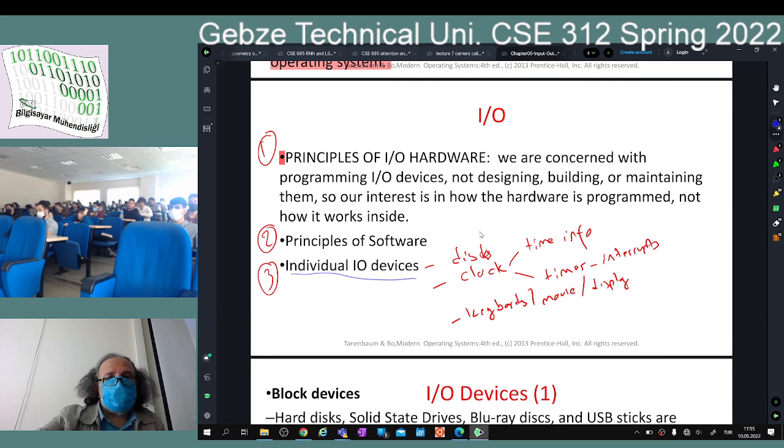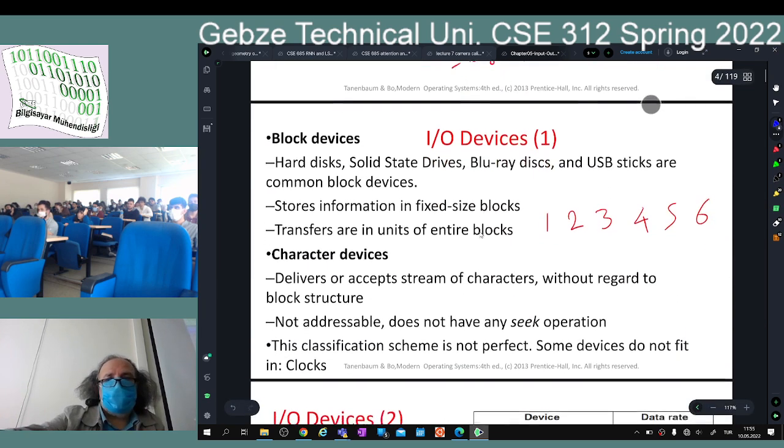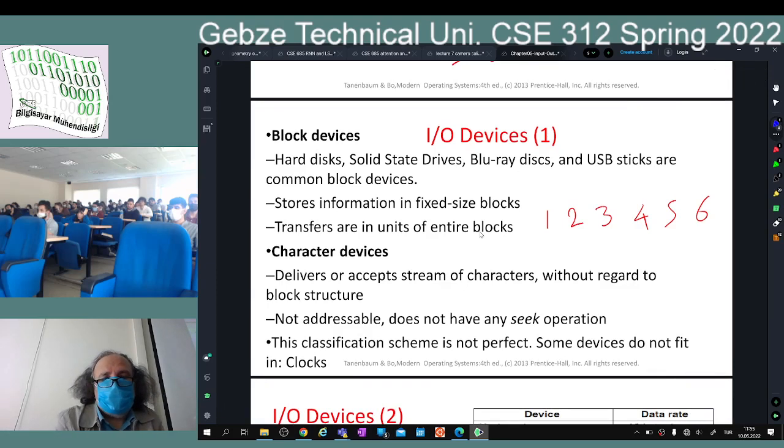Okay, so let's go to these principles of I/O hardware, and let's look at the types of the devices. We usually like to divide these devices into two: block devices and character devices. Block devices are, as the name implies, the devices that we access by units of blocks.